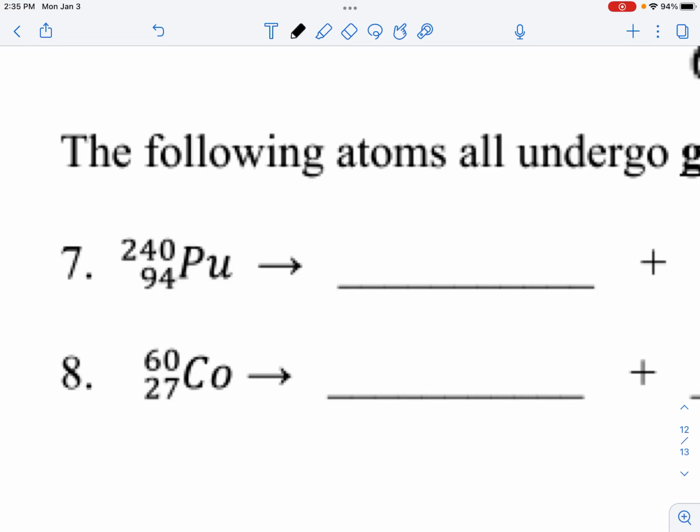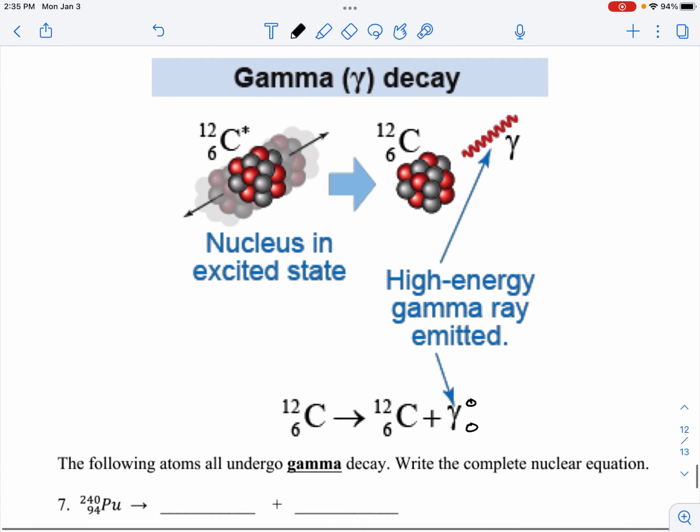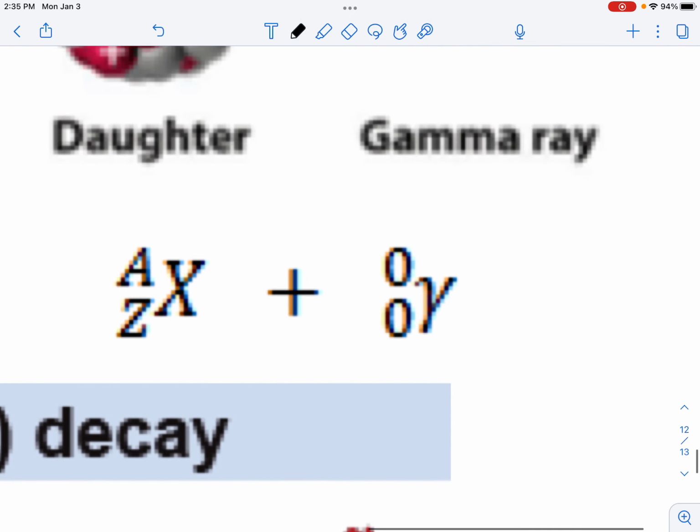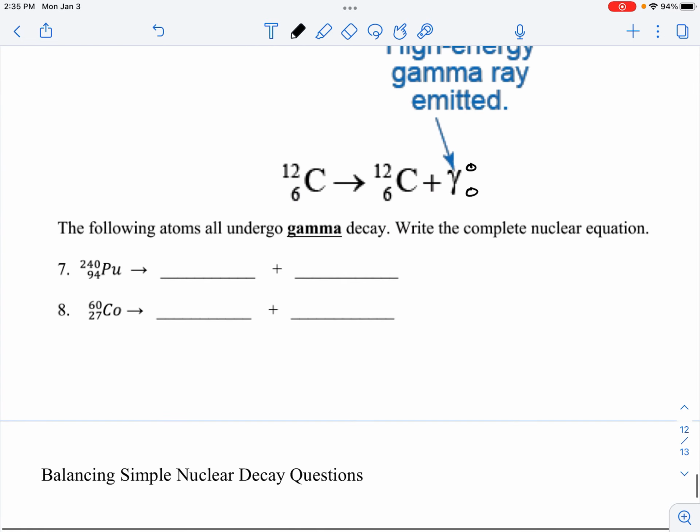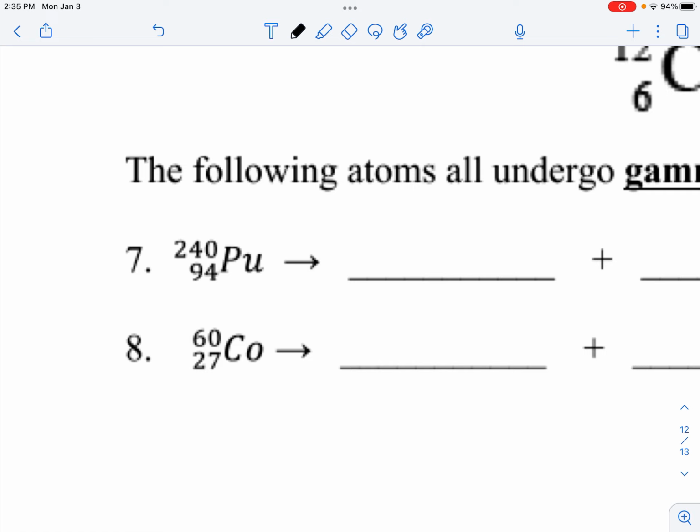So consequently, if you're going to undergo gamma, what you need to know is that this is the symbol for gamma. Gamma is a 0, 0, and it's kind of a scripty looking V, kind of a U, kind of a squid looking thing there. So a gamma is 0, 0, gamma.